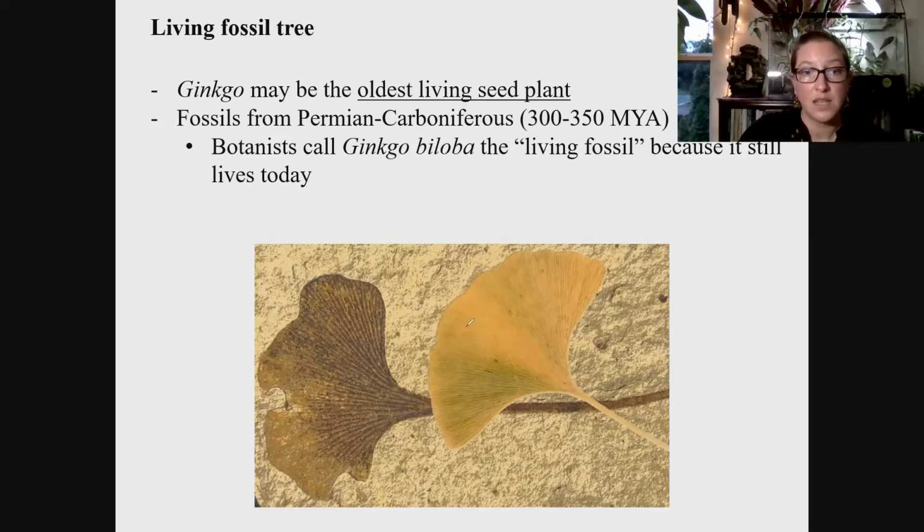This here is a fossil of a ginkgo leaf, and this is a modern day ginkgo leaf. They look very, very similar and have not changed much over those millions and millions of years. Because of that, botanists call the ginkgo species, Ginkgo biloba, the only species, a living fossil, because it still lives today and looks almost identical to how it looked 300 million years ago.